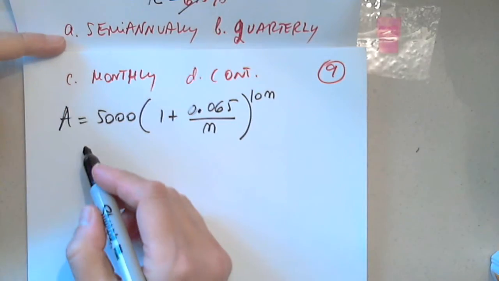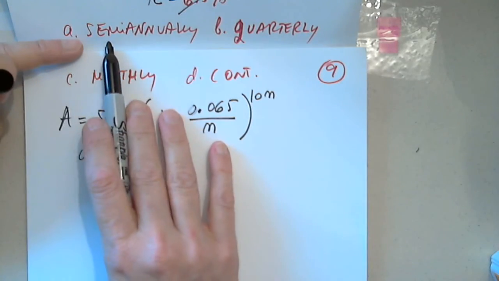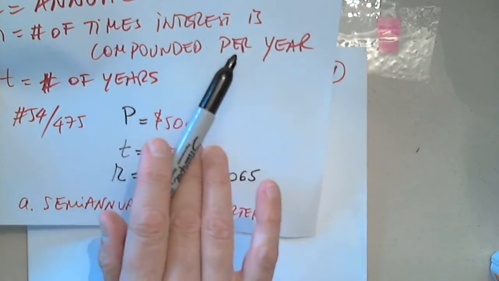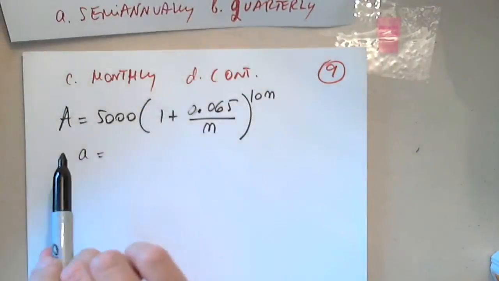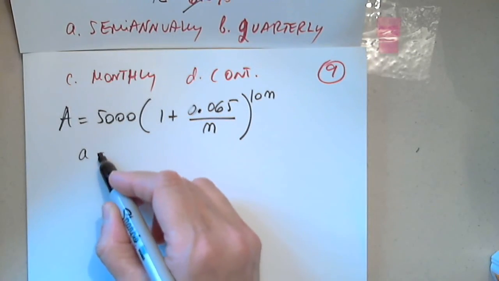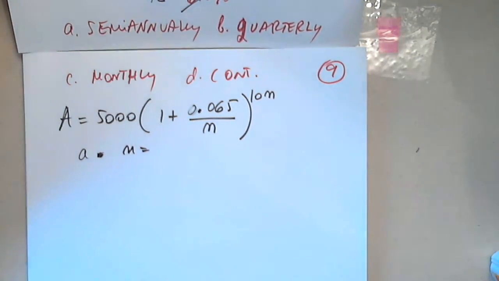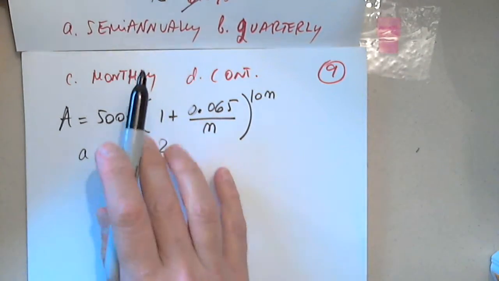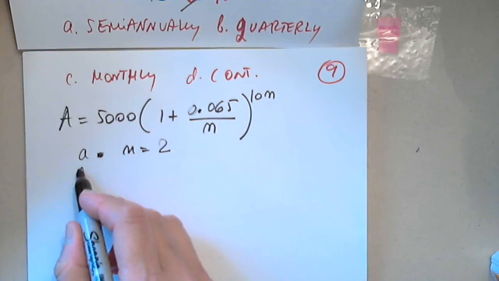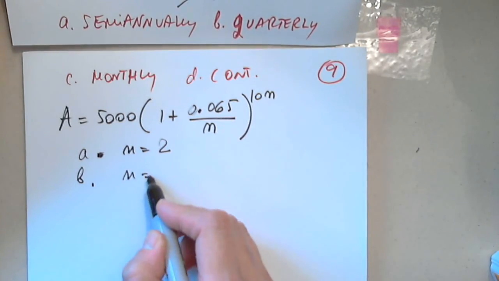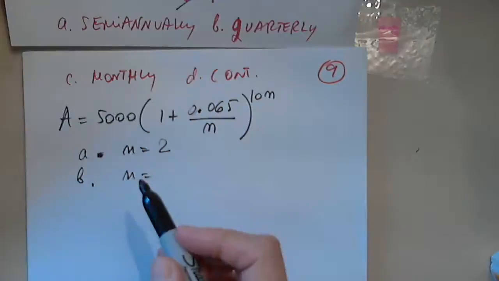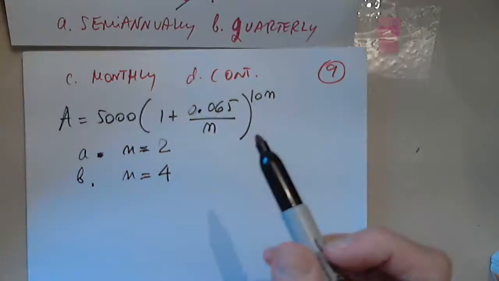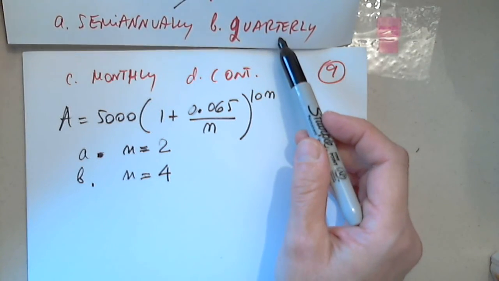So first of all, what does semi-annually mean? Number of times interest is compounded per year. So semi-annually, part A, n equals 2. Part B, for quarterly, n equals 4, we have 4 quarters in a year.